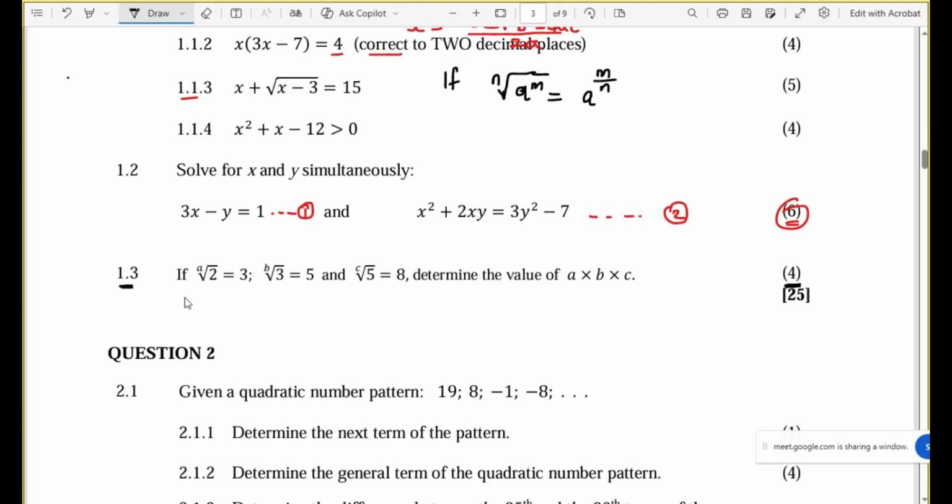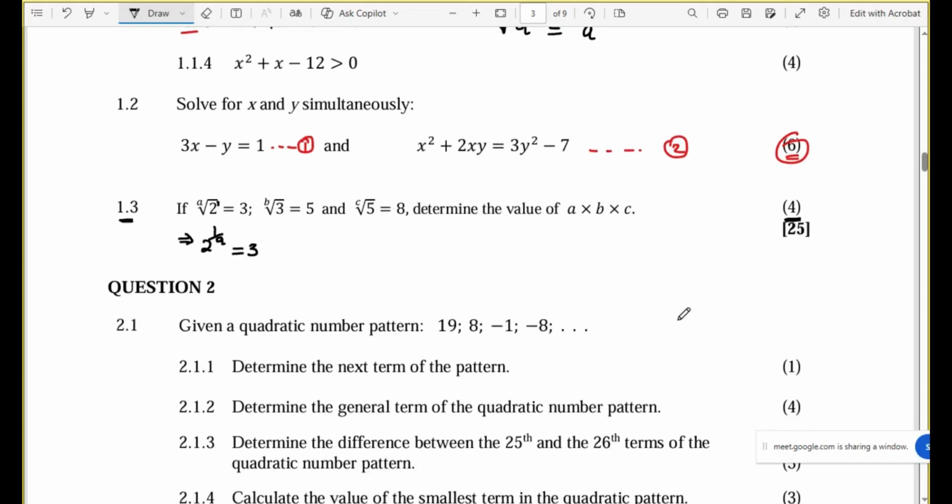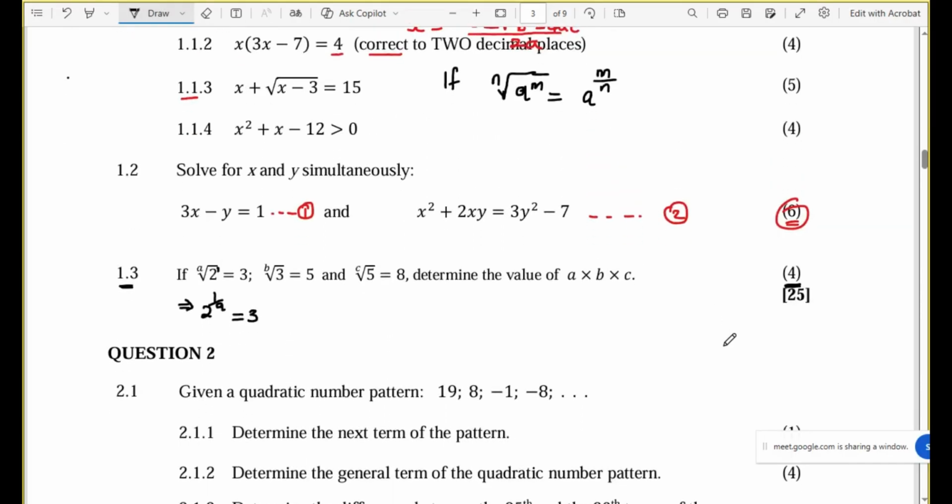So what I'm trying to say is that we can write this as 2 to the power, remember, this 2 is to the power 1, so this will be 1 over A, and it's equal to 3. So this is where we're going to start.